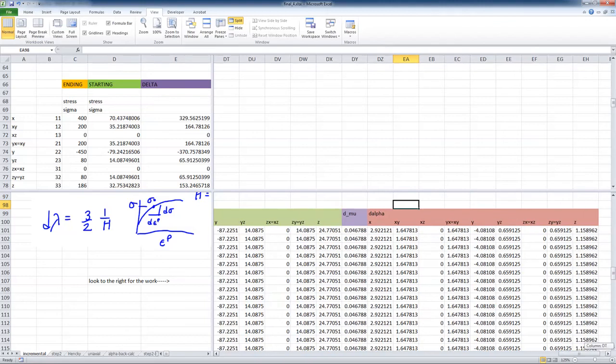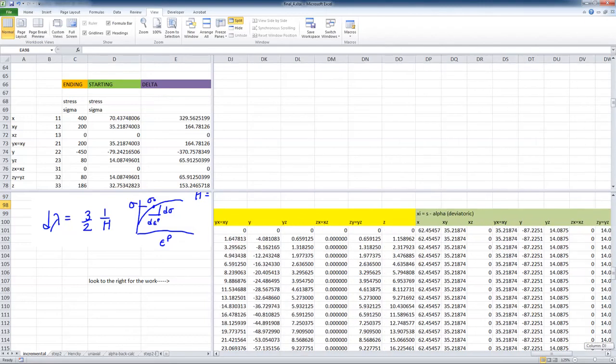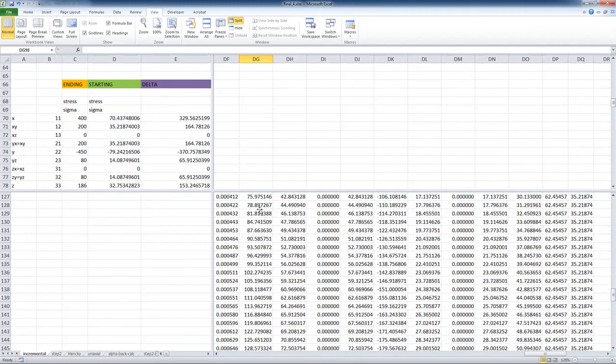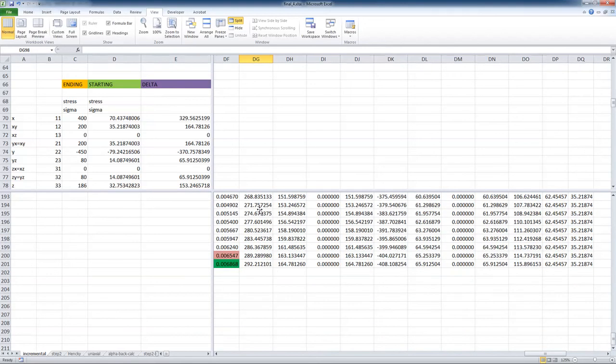Alright, now my alpha is going to get updated by adding the previous alpha plus the increment. And we're going to do this till we reach the end of our 100 increments. That should be this number down here.